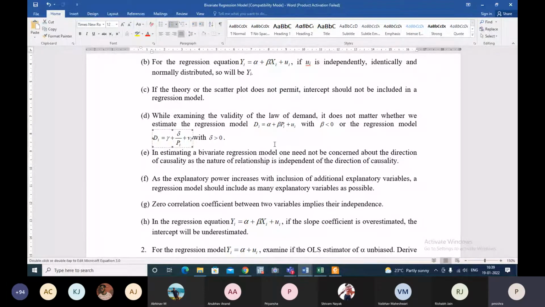Just think of these questions, see the handout, go through the books. I'll share with you some model answers.